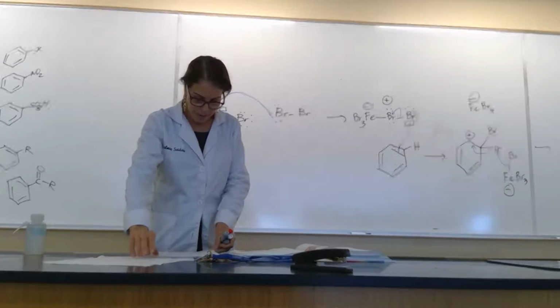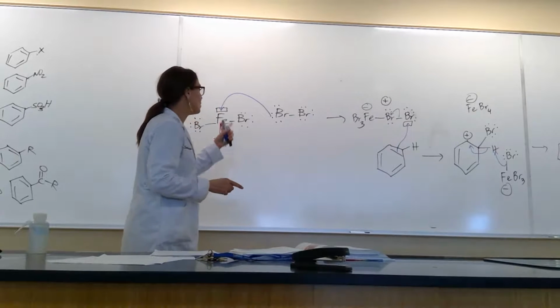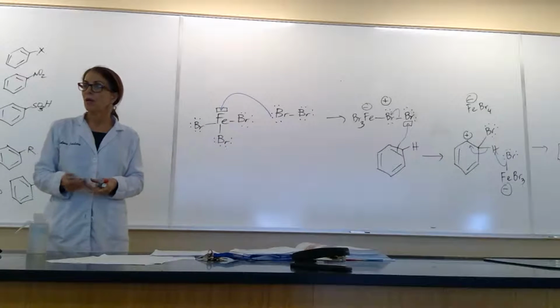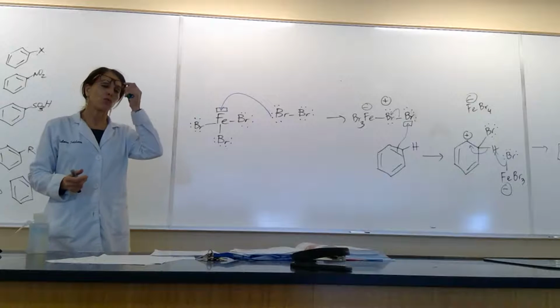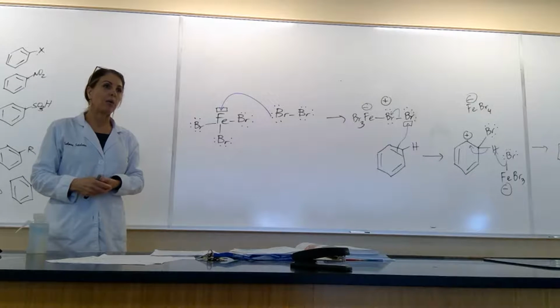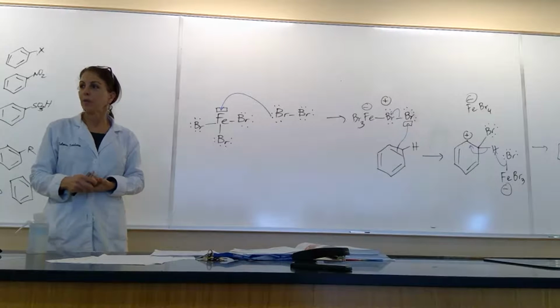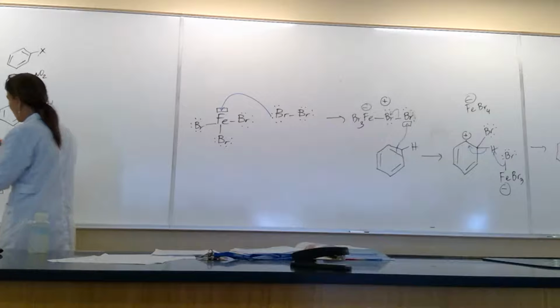So now how does this work? It works with bromine and it works with chlorine. We don't use fluorine. Fluorine is extremely reactive and you can't control the reaction. Okay? So I'm going to tell you the limitation here.